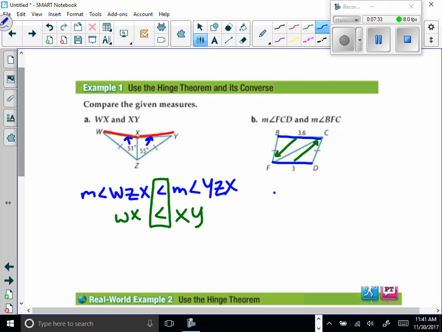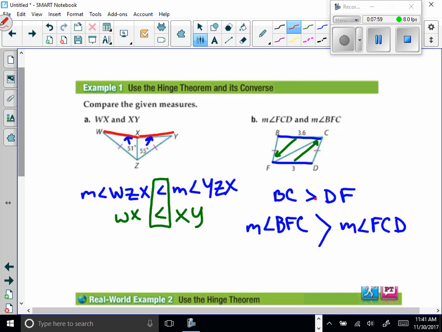I see that BC is greater than DF. So the corresponding angle to BC is angle BFC. So the measure of angle BFC would also be greater than the measure of angle FCD. Again, corresponding sides are going to have the same relationship. If one side is greater than the other, then the corresponding angle is going to be greater than the other angle.